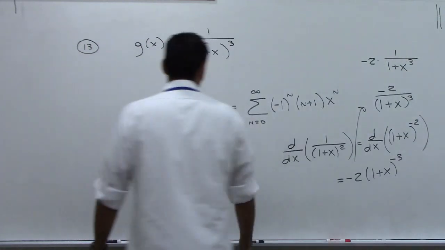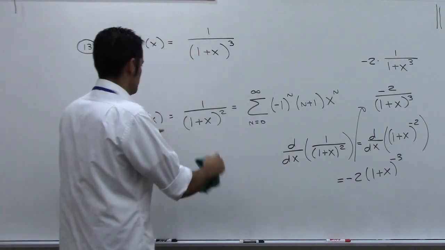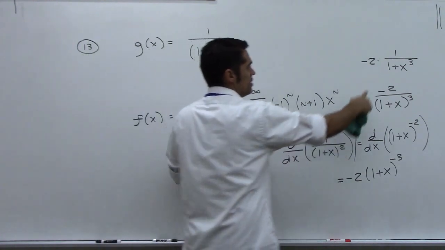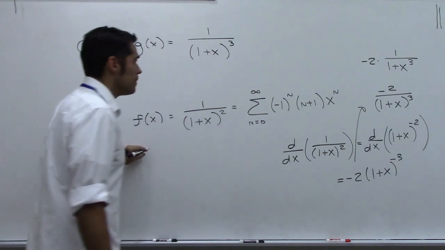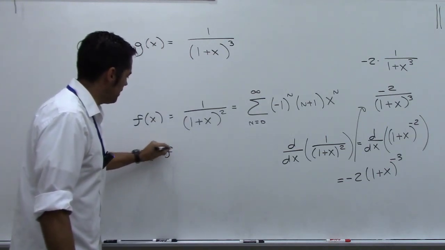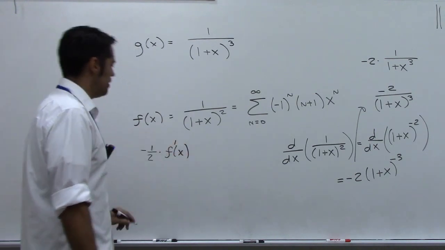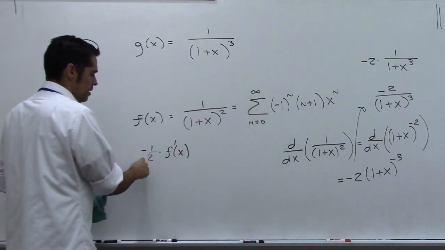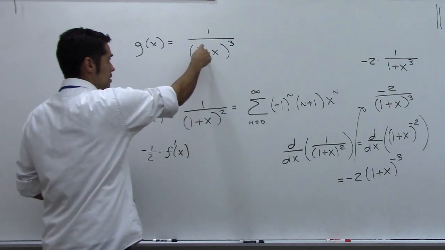Well, what I can say is that if I take the derivative of this, the derivative of this is equal to that. So if I take negative 1/2 times f of x and take the derivative, I get that. Multiply it by negative 1/2, and I'll get this.